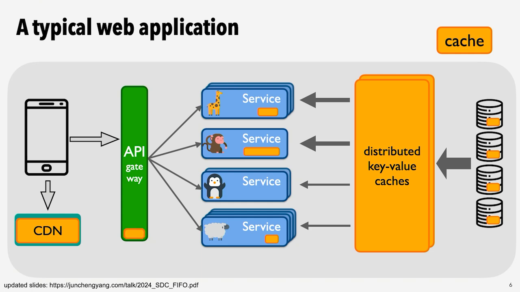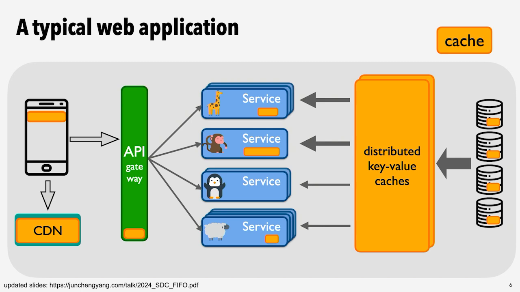Further to the left, it's increasingly common to deploy a small cache at the edge inside the API gateway. So you do not have to send requests to the data center again and again if they are requesting the same results. Further to the left, inside the user device, either it is a mobile phone or a laptop, they usually have page cache, they have browser cache, and they sometimes have application level cache.